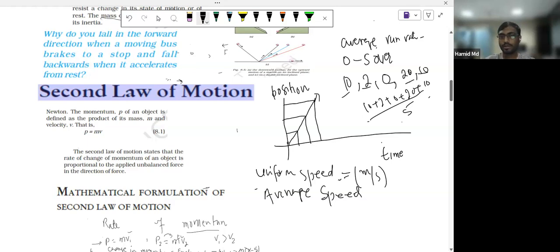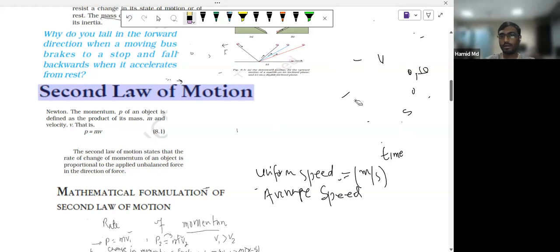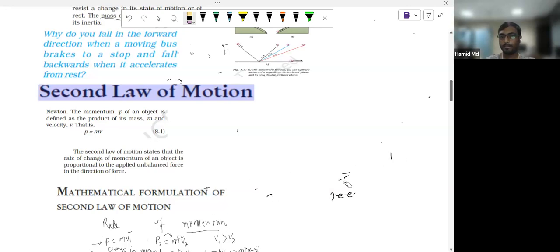Are these concepts clear? Yes, sir. So velocity and speed are clear to you? Instantaneous speed, instantaneous velocity, average velocity, is everything okay?